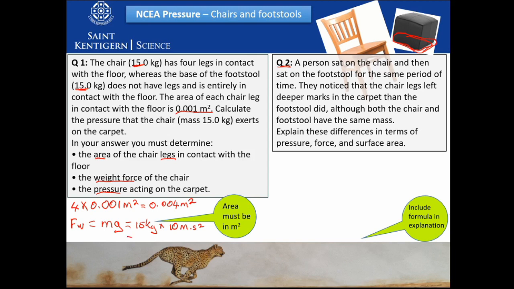And that gives us 150 Newton. Okay, so now we have F. Consequently, after that, we can then say pressure equals force over area. So the weight force over the area, which is 150 Newton divided by 0.04 meters squared, and that is going to give us a certain amount.